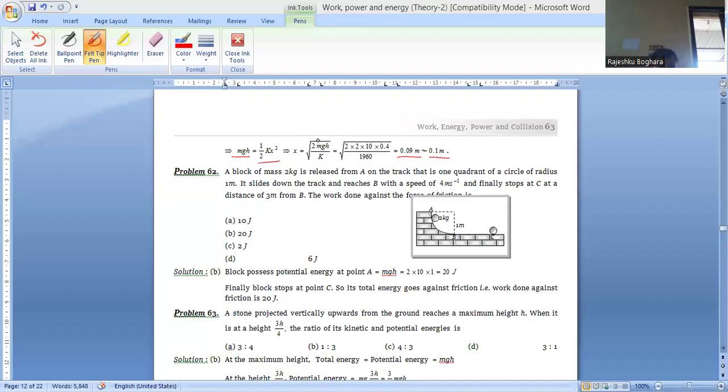Now, power F into V equal to P, constant. Initial velocity is 0.